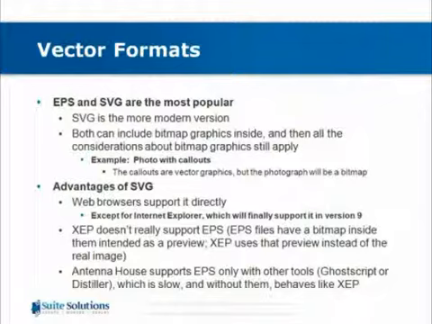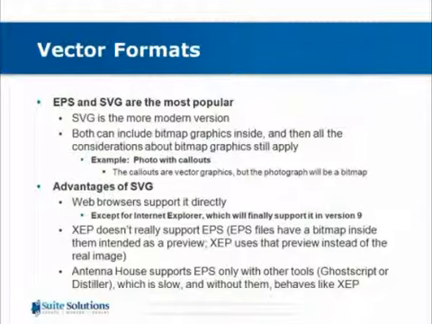There's a real big downside, which is that if you don't know that they don't really support EPS files, you might think that they do and get particularly bad output. The reason is that, out of the box, when you include an EPS graphic, both XCP and Antenna House will produce output showing your graphic.